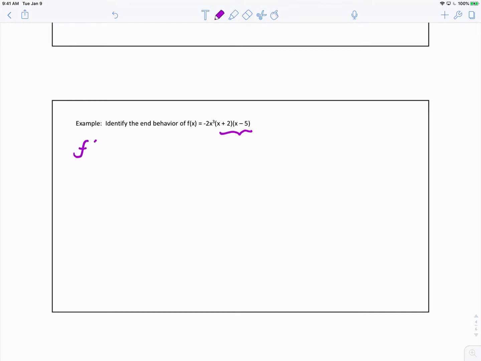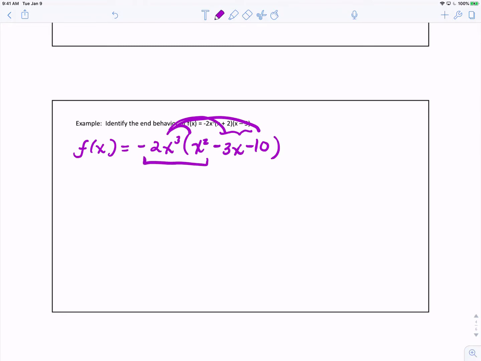So f of x is equal to negative 2x cubed times, we'll multiply those two binomials together. That would give us x squared minus 3x minus 10. And then we could begin to distribute, but I'm only going to distribute these first two terms because I know that this is going to give me the highest power of x. All the rest are going to be lower.